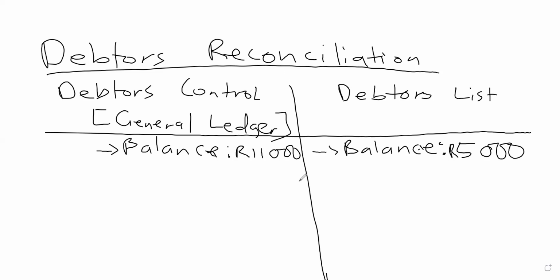So now, for us to have balances that correspond in terms of the balance of the debtors control and the balance of the debtors list, we need to identify the differences.